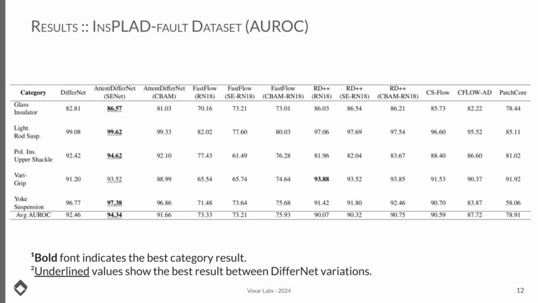Just to point out the highlights here, the bold font indicates the best category results over all methods, and the underlined values show the best result between the three DifferNet variations in the first three columns. So the first part of our hypothesis is confirmed: attention modules do help the anomaly detection method, more specifically the DifferNet method, to focus on what is more important in terms of quantitative metrics.